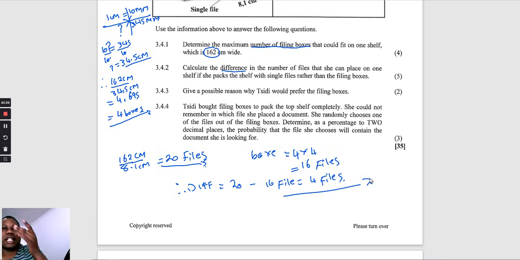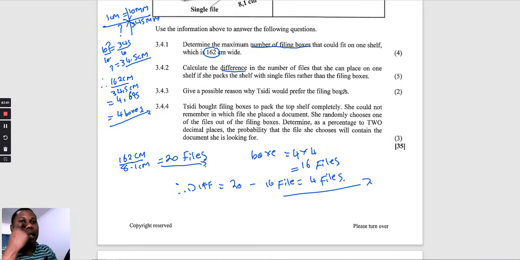So that means she has decided to go with the boxes. No. They say that 3.4.3 I've skipped here. Give a possible reason why TD would prefer the filing boxes.